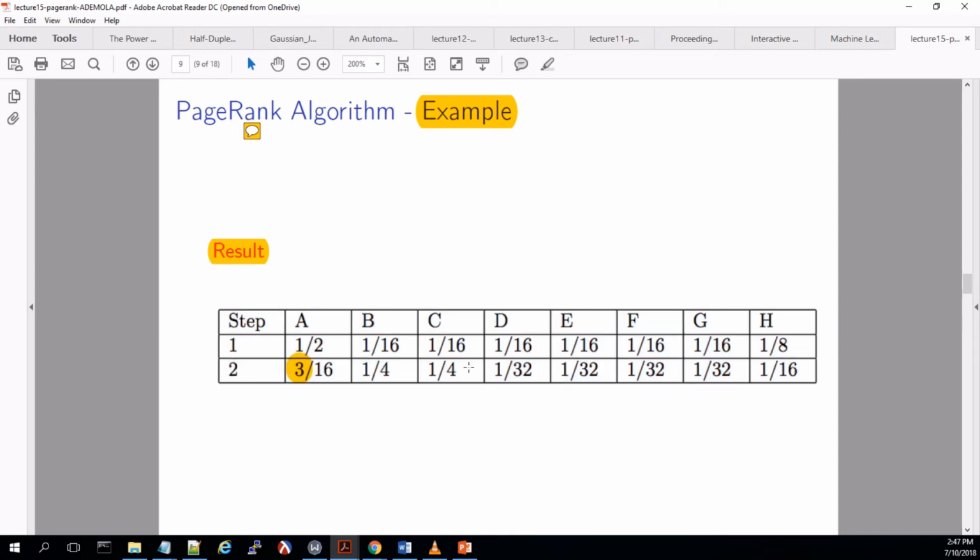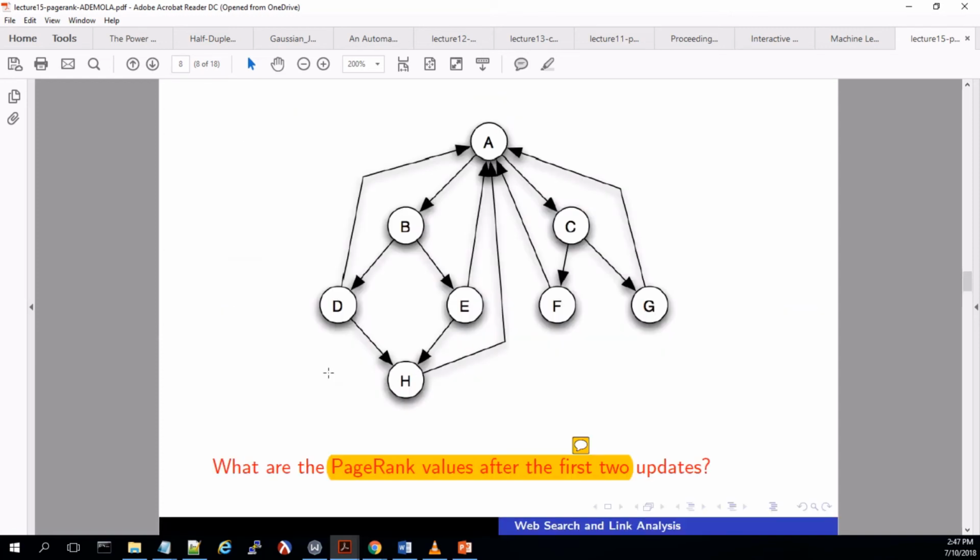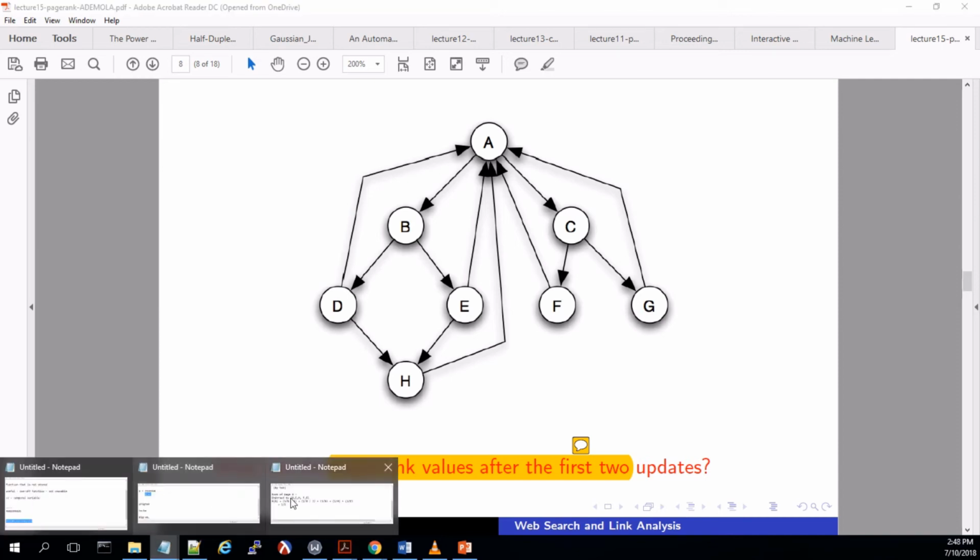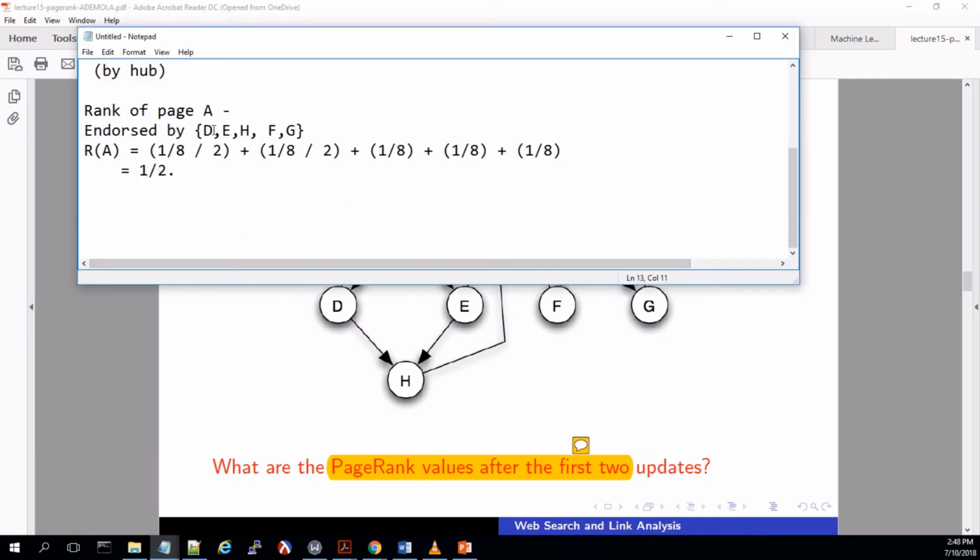I hope it's clear. By the time you get to the second iteration, the rank of A here, we still come back here. The rank of A is those that are pointing to A, which you have listed earlier. Those pages that are pointing to A, don't forget the pages D, E, H, F, G. But instead of using 1/8, 1/8, 1/8, no, we will not be using 1/8 again.